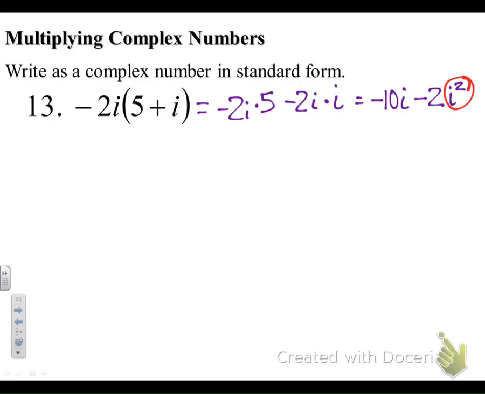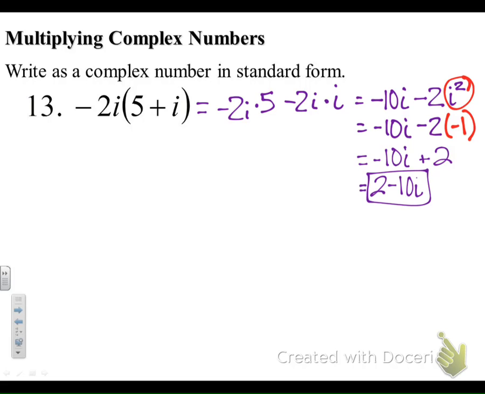This i squared is a negative 1. So now we have negative 10i plus 2. And if I wanted to write it in standard form, most of your answers or most of your textbooks or tests put the real part first.